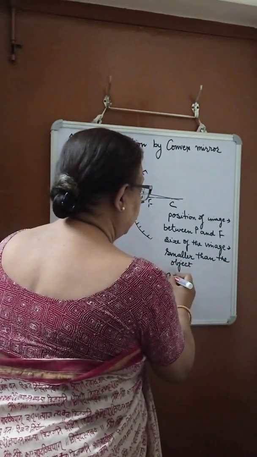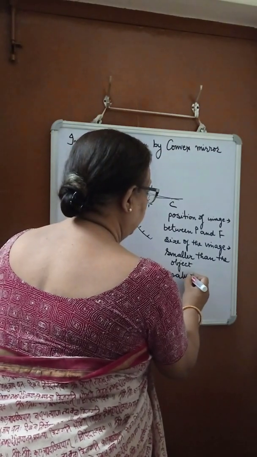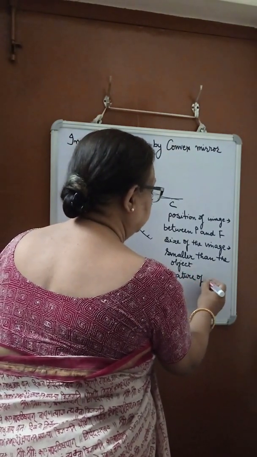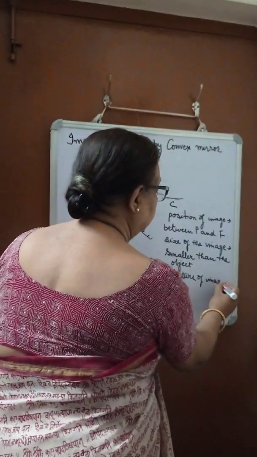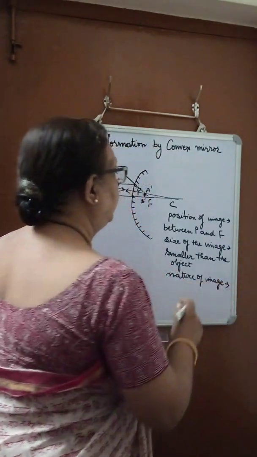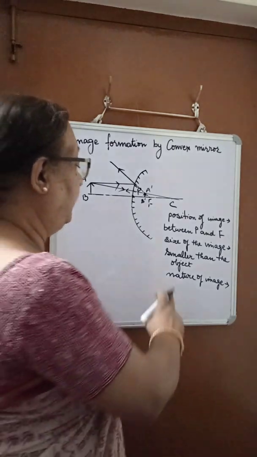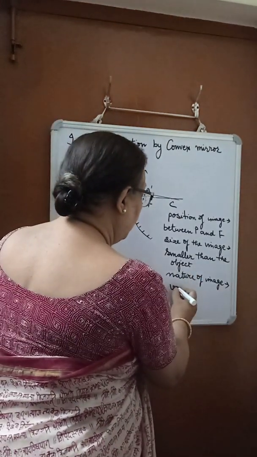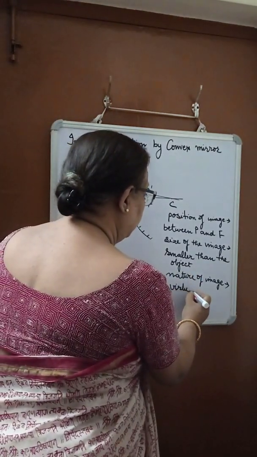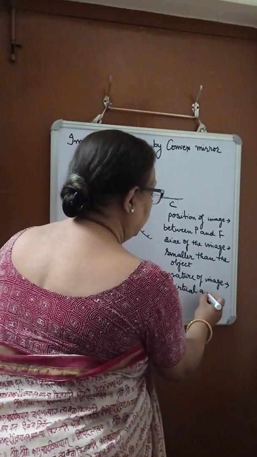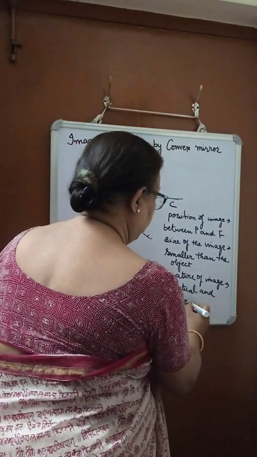And what is the nature of the image? Again, the reflected rays are not actually meeting. So the nature of the image is virtual and erect.